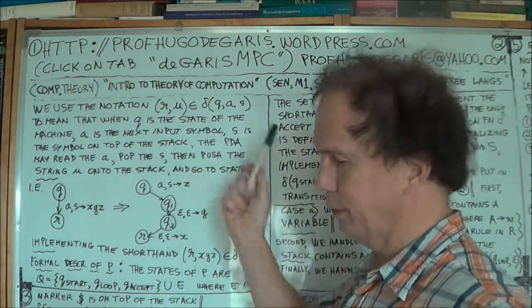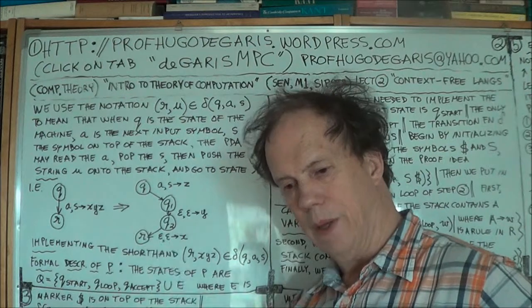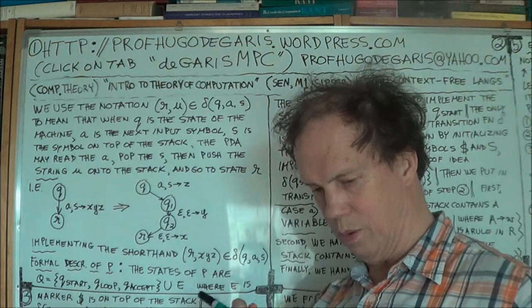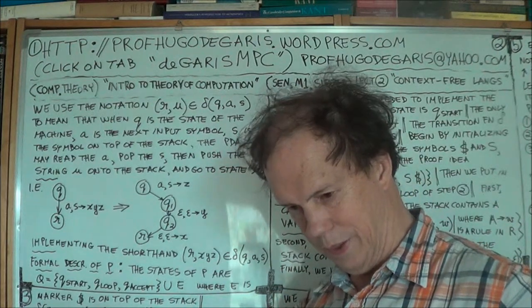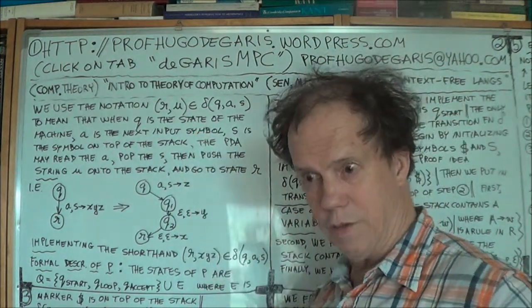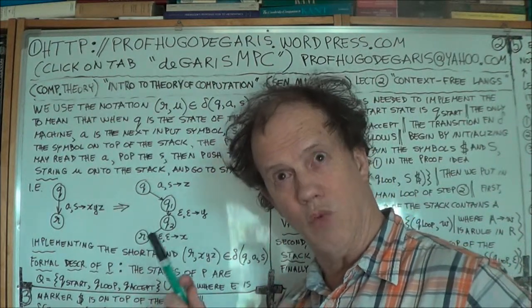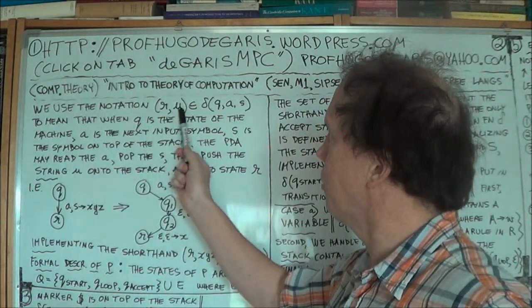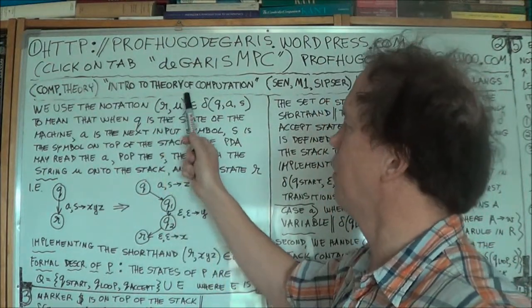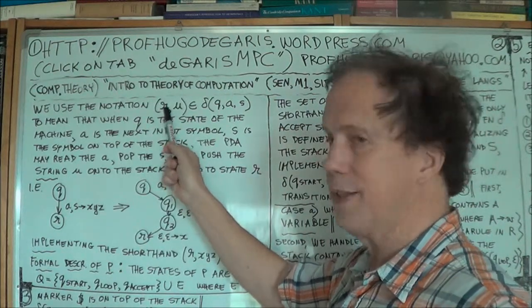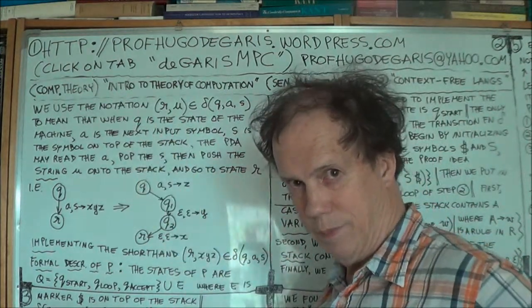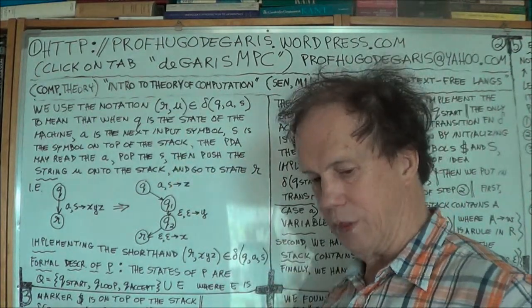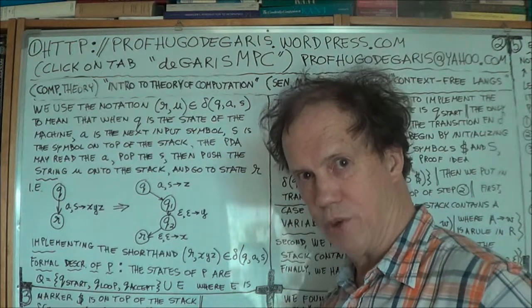So this delta function here will map to, or put another way, this transition function's range is a set, a set of ordered pairs. So you could have different ordered pairs, with different next states, right? Non-deterministic, different states, and different strings that you're pushing onto the stack.